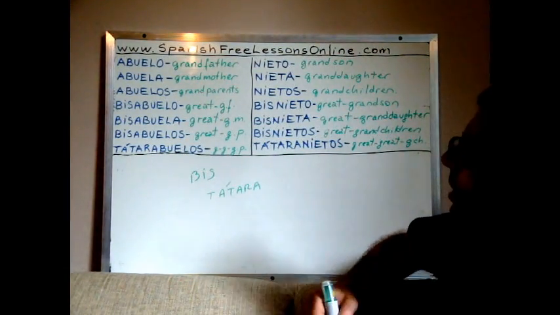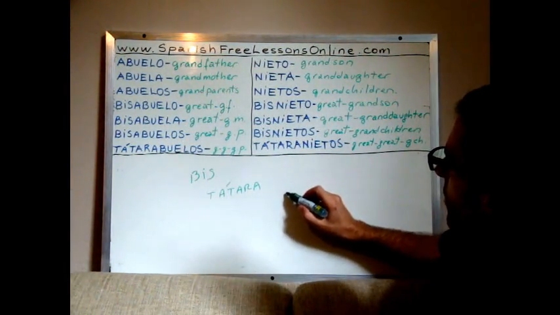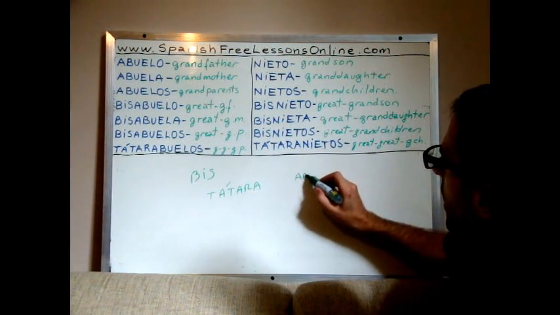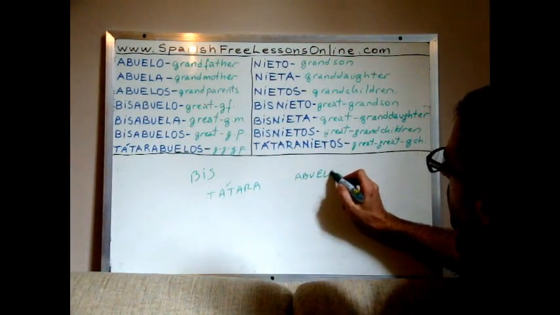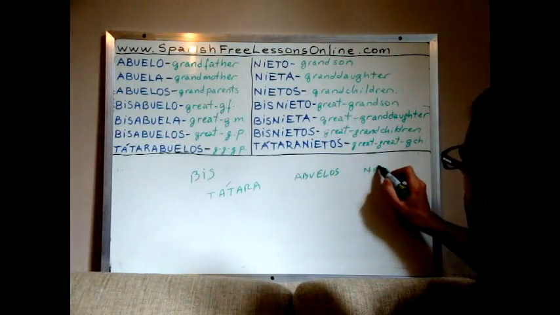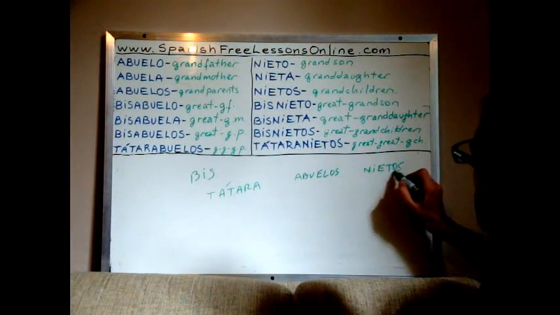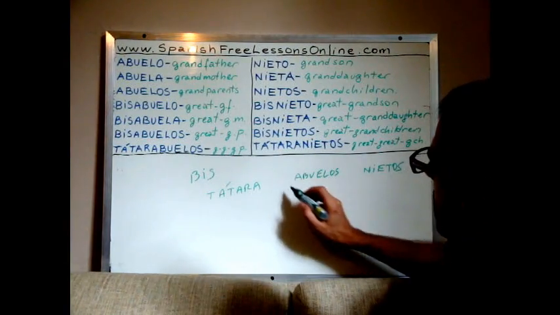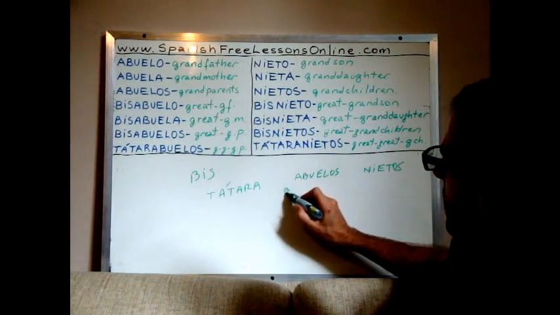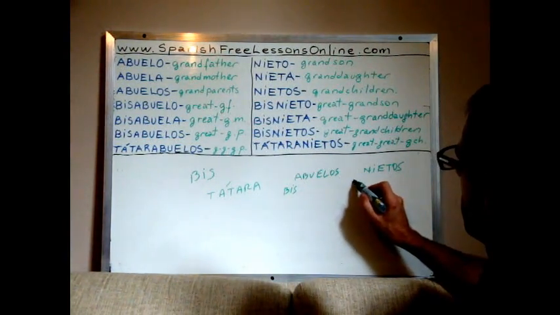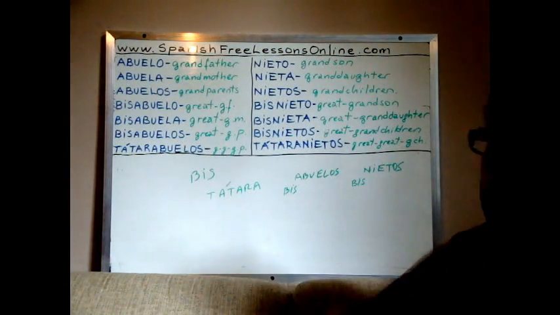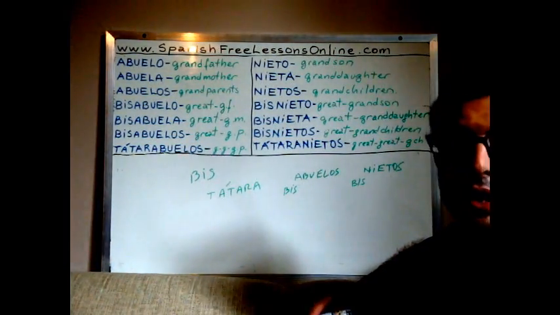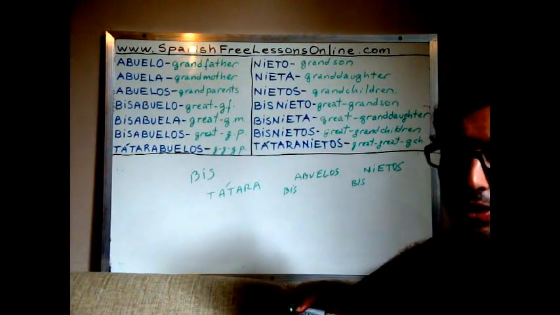So we have the first for grandparents and grandchildren, abuelos and nietos, right? Then for great grandparents and great grandchildren, we add the prefix bis to either of them. Bisabuelos, bisnietos, that is great grandparents, great grandchildren.